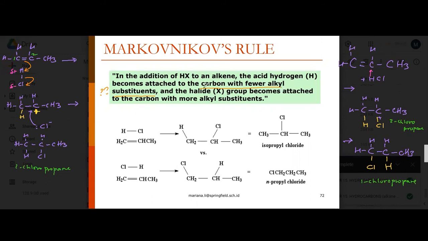If hydrogen from HX goes to the carbon with fewer R groups, it leads to the formation of a secondary carbocation. This has two R groups, so it is more stable, and that's why this is the major product. 2-chloropropane will be the major product.